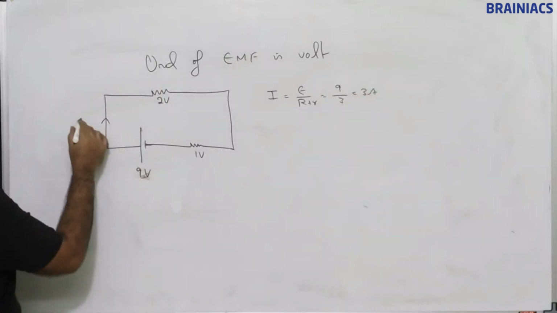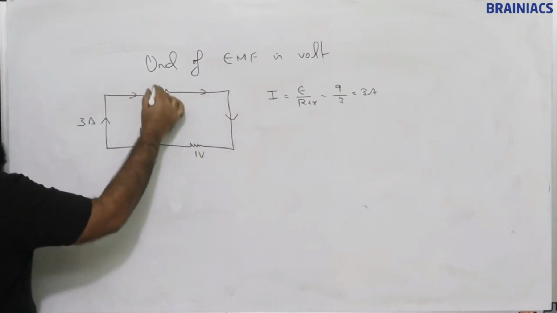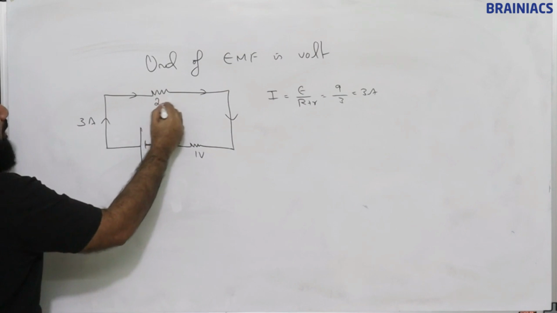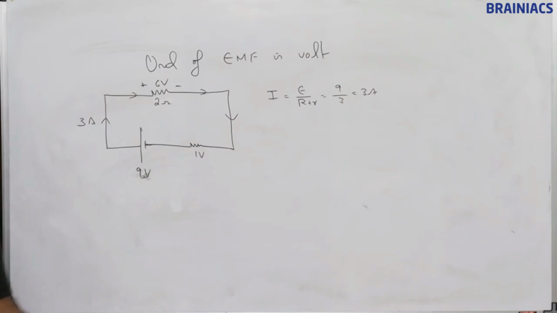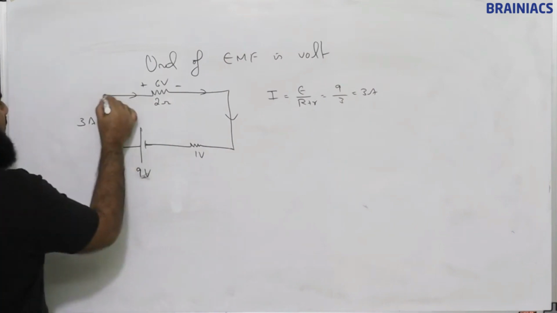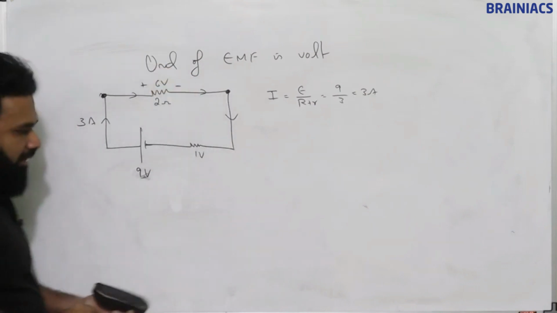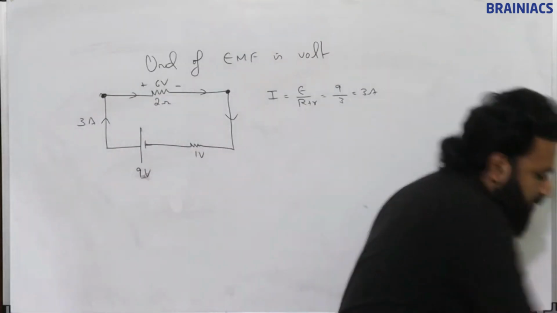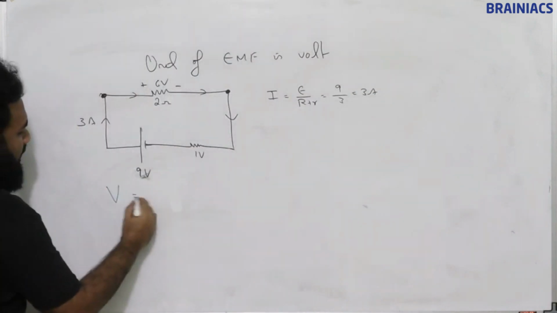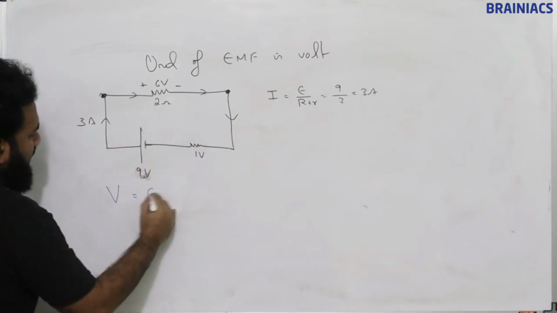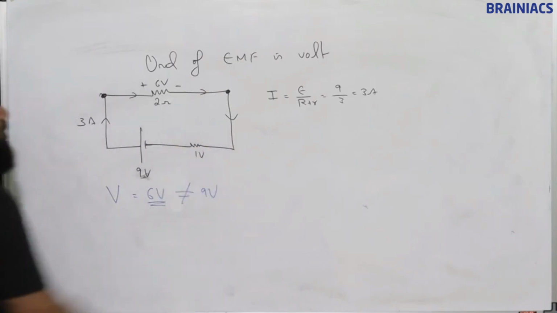If 3 ampere current flows, there will be a potential drop of 6 volt. If we try to measure the voltage across this point, the potential difference we get is 6 volt, which is not equal to 9 volt.